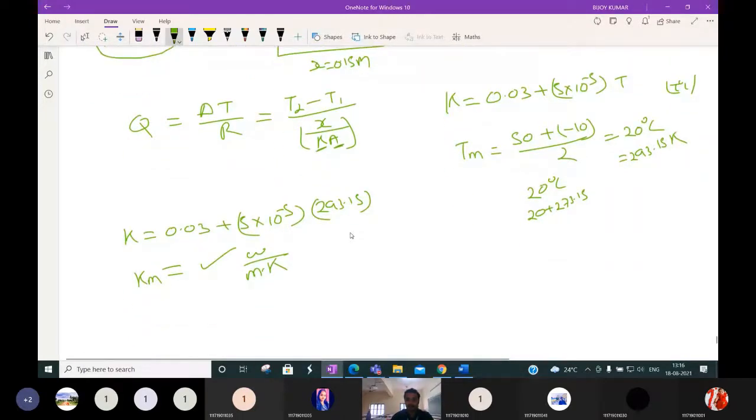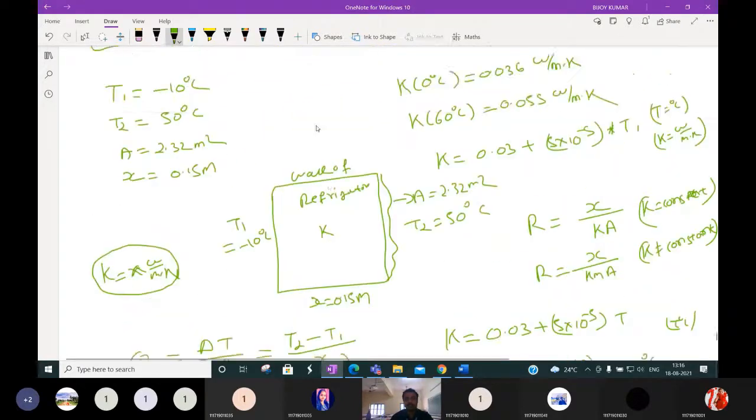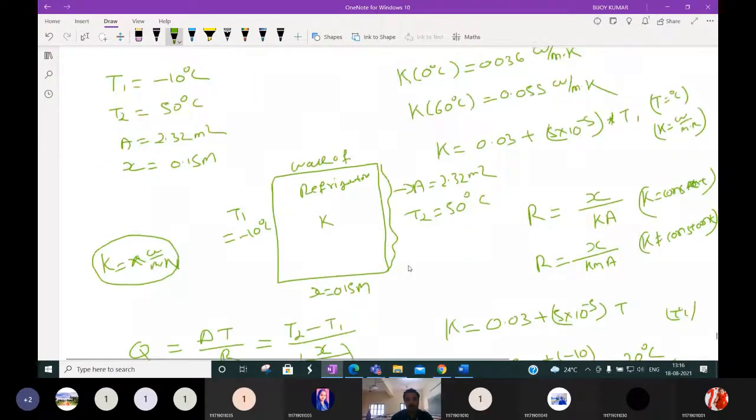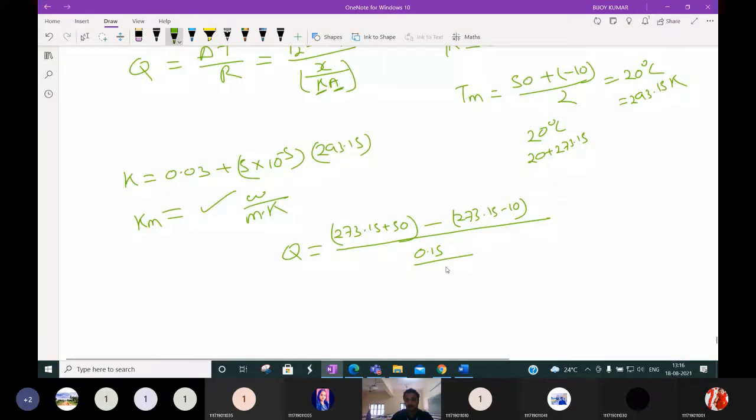Let us put everything. The Q value will be T2 minus T1. T2 is 50 degrees centigrade, so we convert into Kelvin: 273.15 plus 50, minus T1, where T1 is 273.15 minus 10, divided by X value 0.15, divided by the A value 2.32, with the K value you determine by putting in the value.